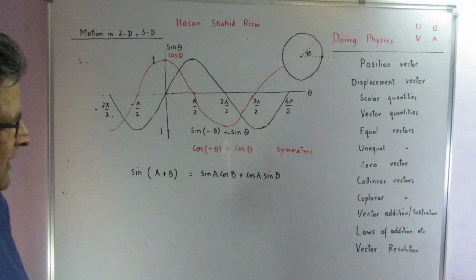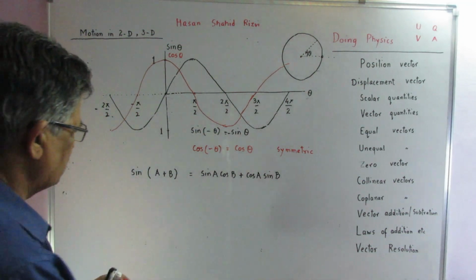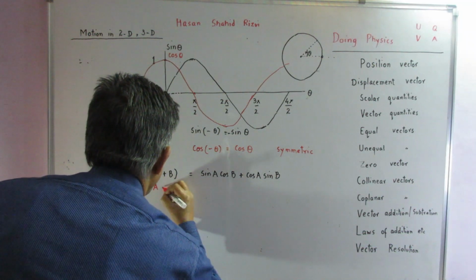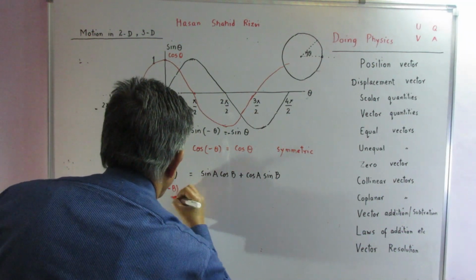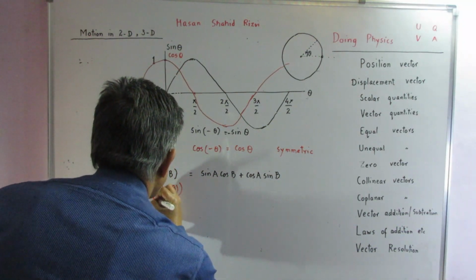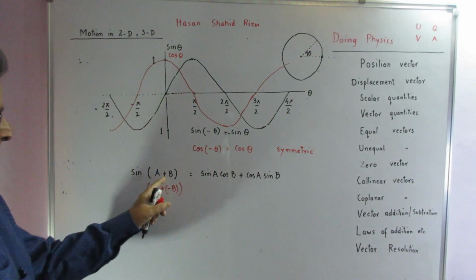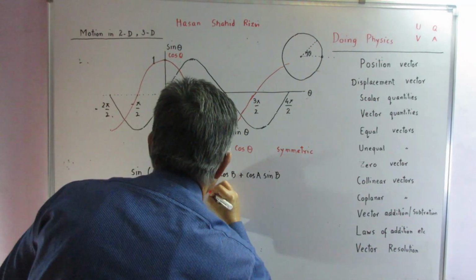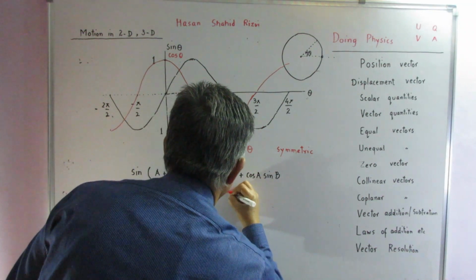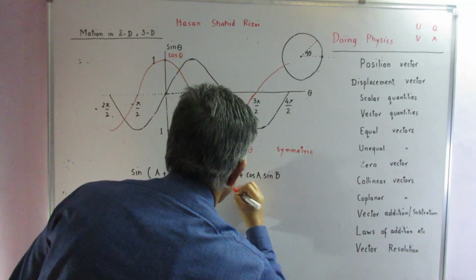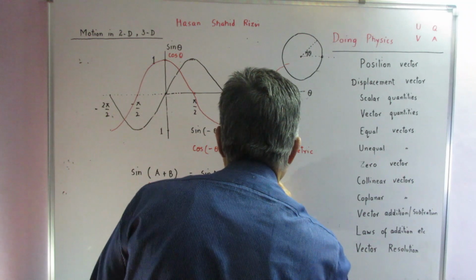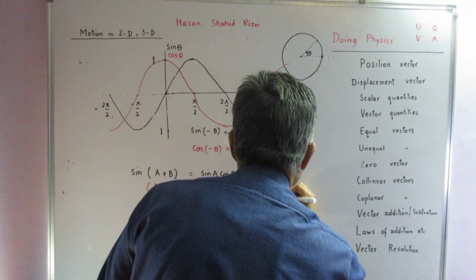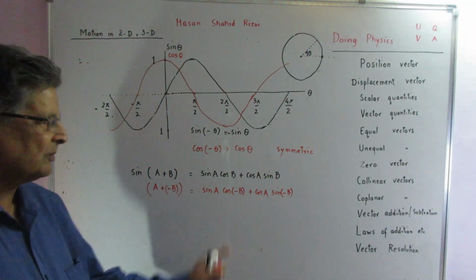the sum of the two angles, and if you can see that I have this sine of A plus B, and this I can write as A plus minus B. Okay, if I write it like this, we are going to have a sine of A minus B, then we get this as sine of A cos of minus B plus cos of A sine of minus B. What I'm sharing with you is something interesting.